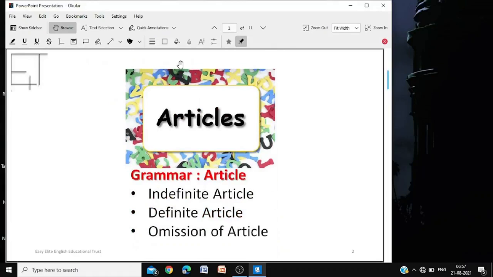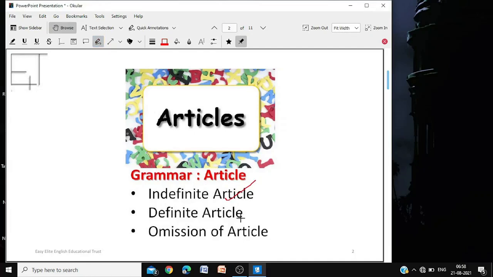Articles. In grammar, the easiest as well as the most difficult subject, the most important and sometimes apparently insignificant yet the most important subject, article. Articles we classify as indefinite article, which may precede a boy, an elephant, an egg.